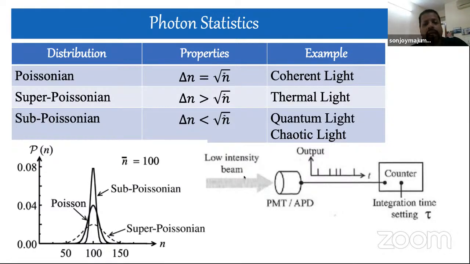If you shine a low intensity beam on a photomultiplier tube or avalanche photodiode, over time you will see signals coming as a current, because the photomultiplier tube or photodiode converts the light to current, and we get different values of current over time.